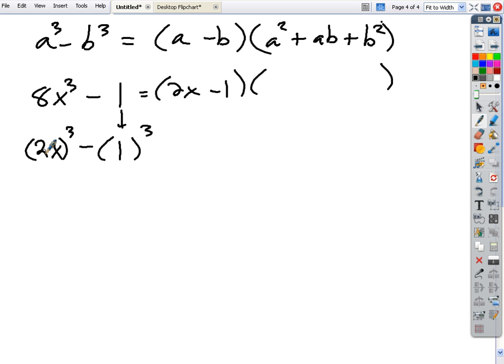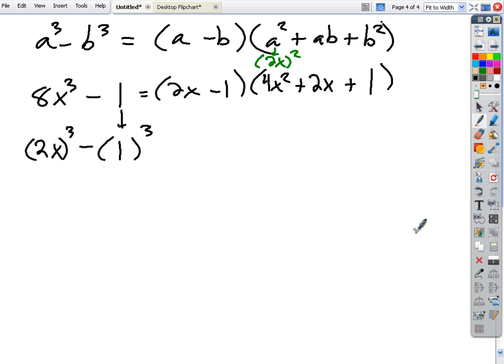So this one is going to become 4x squared. Good. And then plus ab, so 2x times 1. And then finally plus 1 squared, it's just 1. Done. No big deal. Following those patterns really isn't that big a deal.